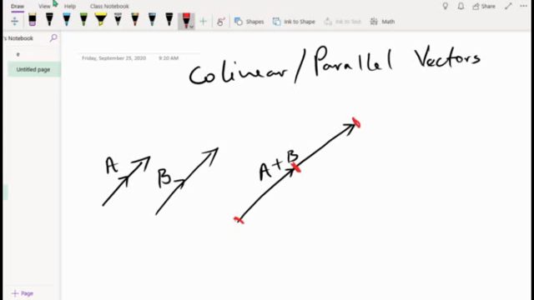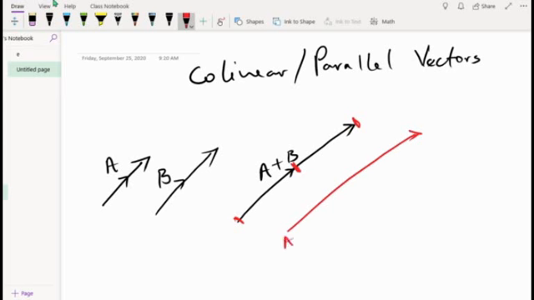When you find the unit vector of A plus B, you are going to get the same thing as the unit vector of A and the unit vector of B.